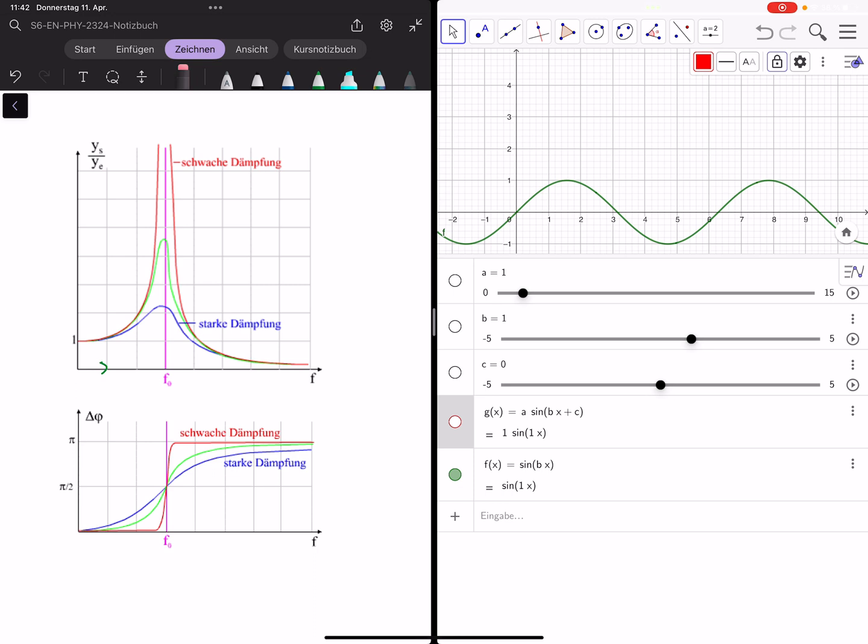So we won't consider this any longer. For us, it's only the length of the pendulum and not the mass and not the deflection.